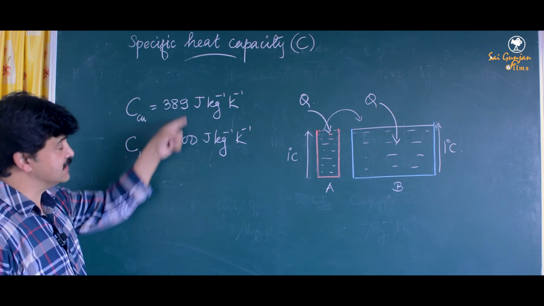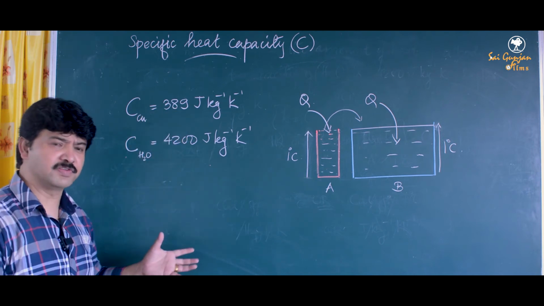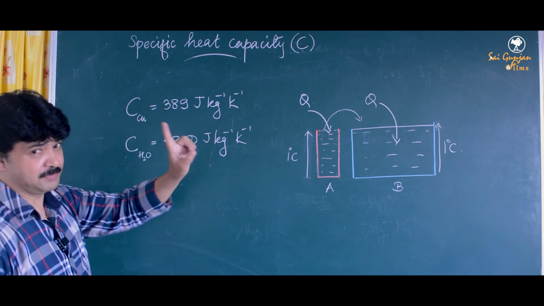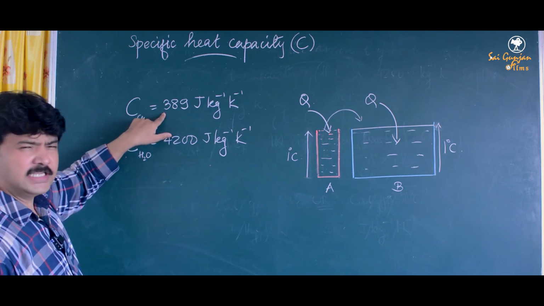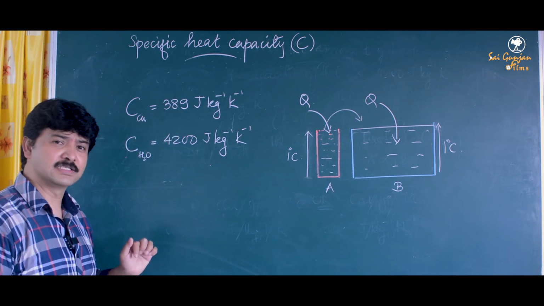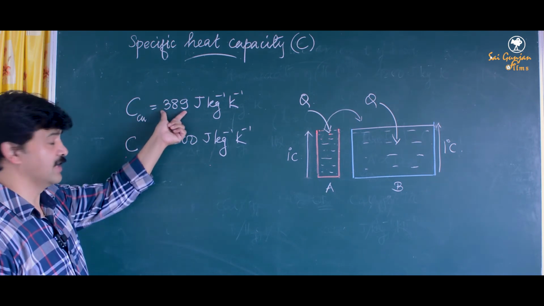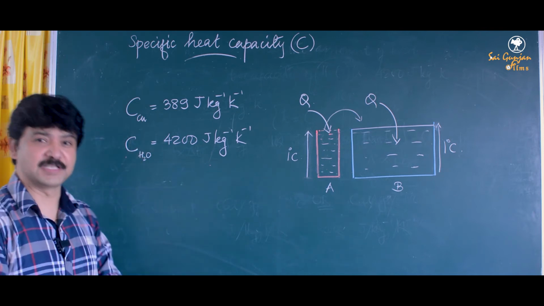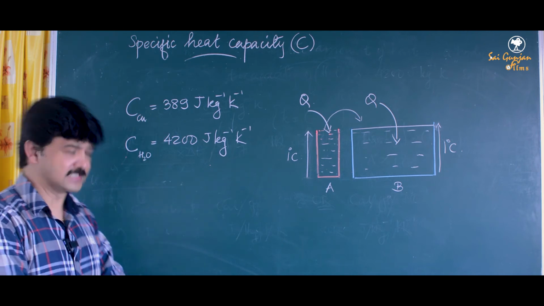For the same rise in temperature, water will require a greater amount of heat, which is 4200 joule, whereas for the same 1 Kelvin or 1 degree rise in temperature, copper will require only 389 joule, less than 400, isn't it? So this requires far more heat, and this requires very little heat. That is because of specific heat. So this is how we compare different specific heats.